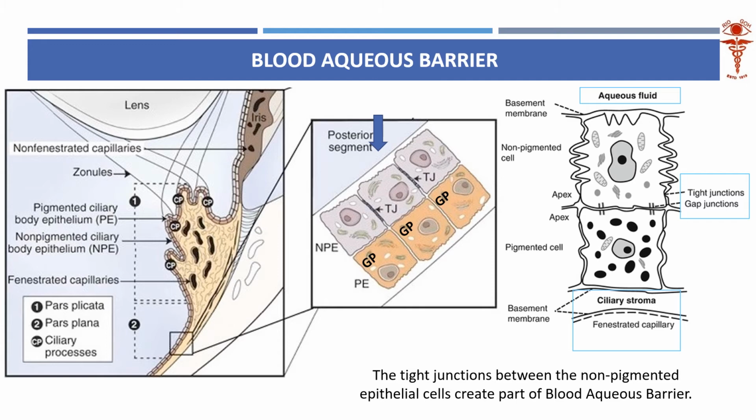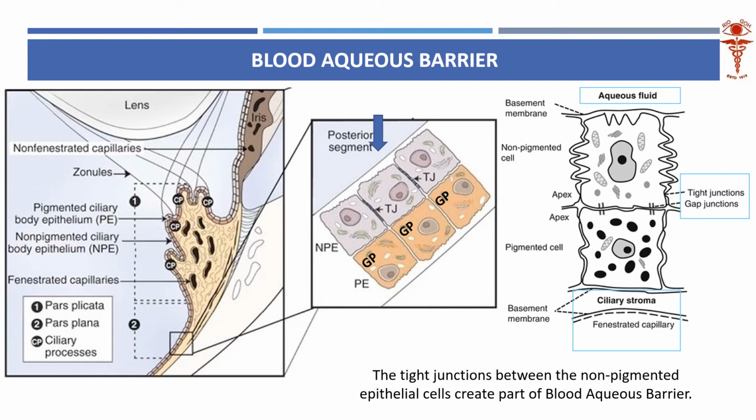That you will have to understand is a disease. It is not a normal pattern. So what is a normal pattern? What happens in a normal pattern? In a normal pattern, these proteins are not allowed into the aqueous humor from the plasma.